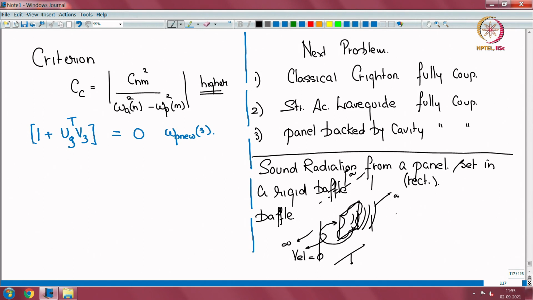So if the plate pushes, let us say plate is here and starts to push the air and there is no wall behind, then the pushed air will not move forward but it will escape to the back side. And so it will make the radiation inefficient. So if all the pushed air ends up on the back side, then there will be no sound heard here, and therefore you need this wall.